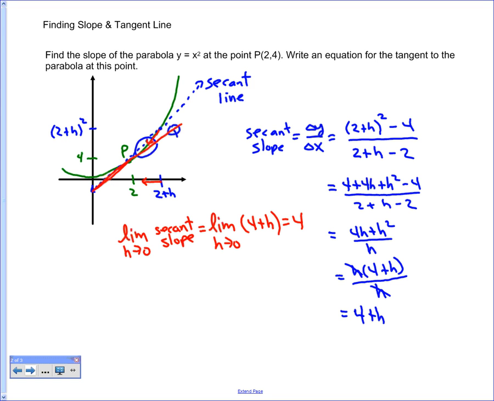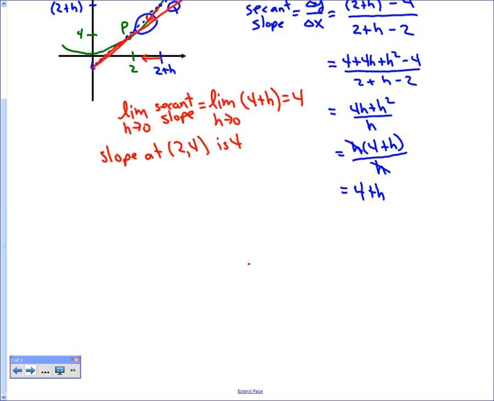So the slope of the parabola at the point 2, 4 is 4. To find the equation of the tangent line, we have our point, we have our slope of that tangent.